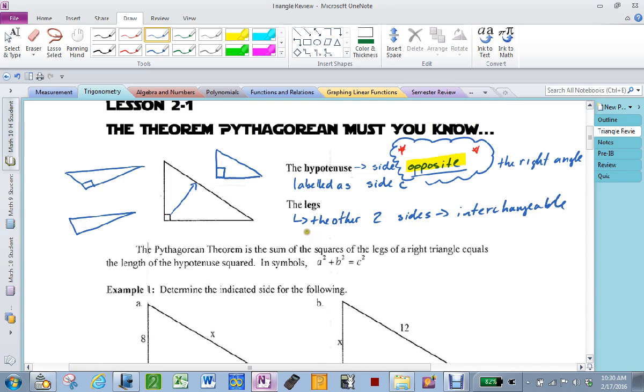So they are labeled A and B. Everybody remembers Pythagoras. A squared, B squared, C squared, yes?